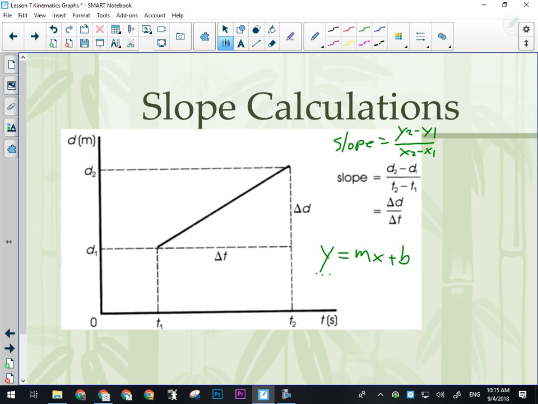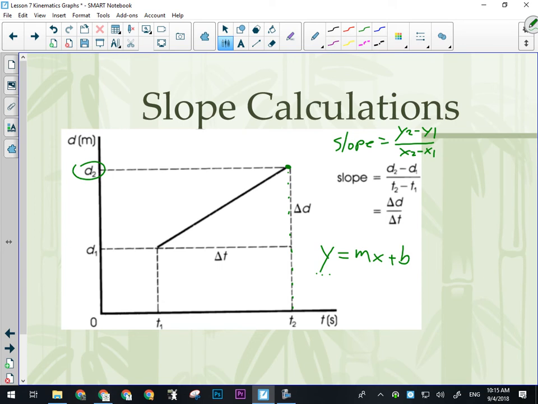If I was looking at this point right here, y would be whatever this number is. X similarly would be whatever this number is. It would be the y and x coordinates essentially of a given point on the graph.